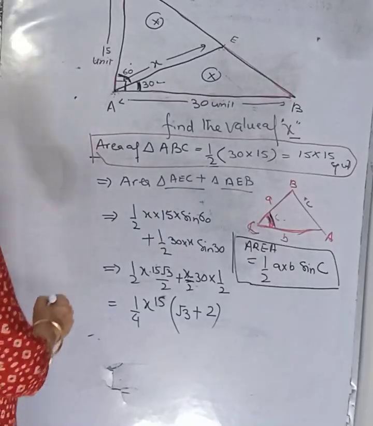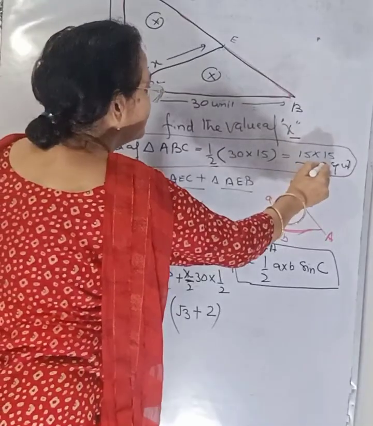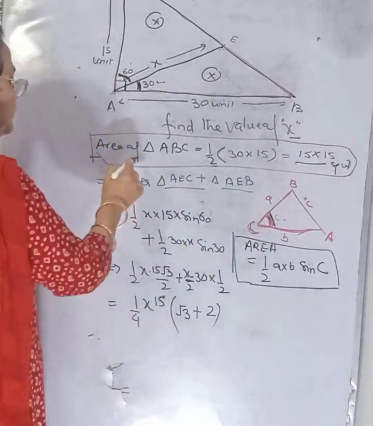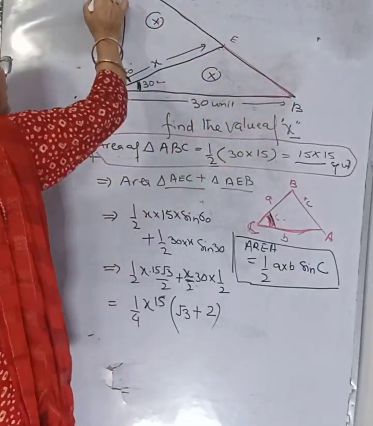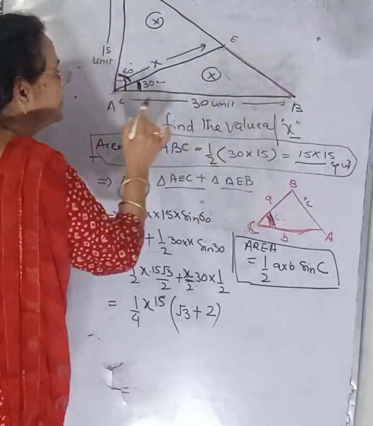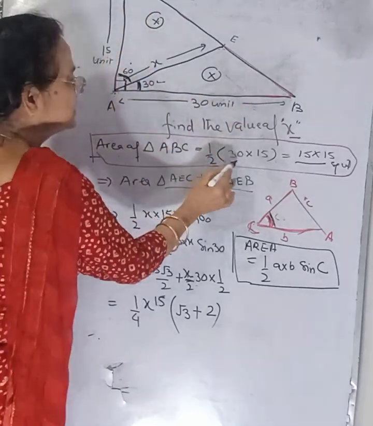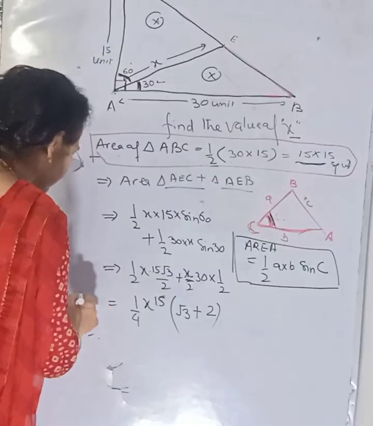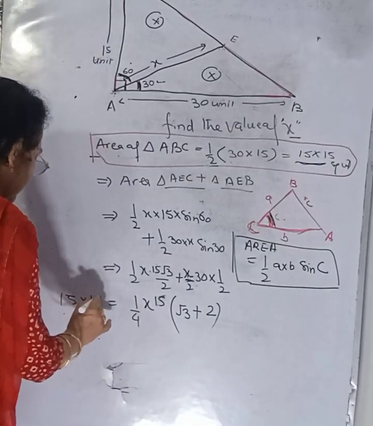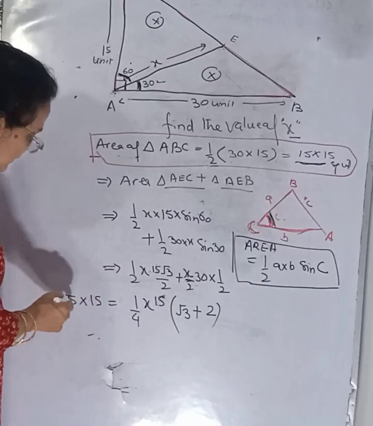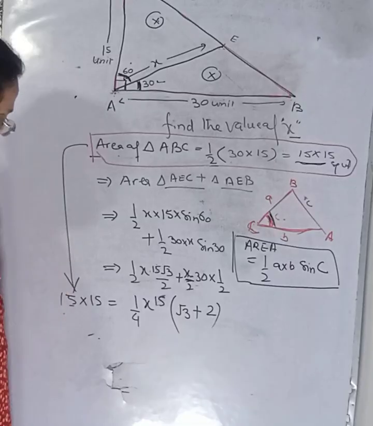This is the value of the area. The addition of these two is equal to the area of the bigger triangle, that is 1 by 2 into 30 into 15, equal to 15 into 15. Clear? This is the area of the bigger triangle.